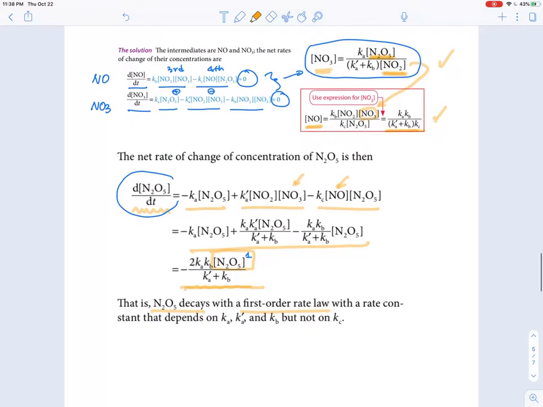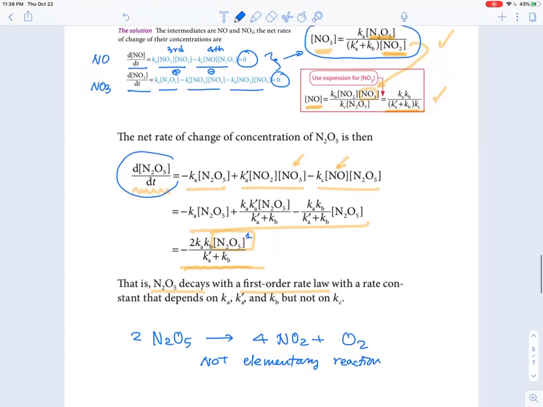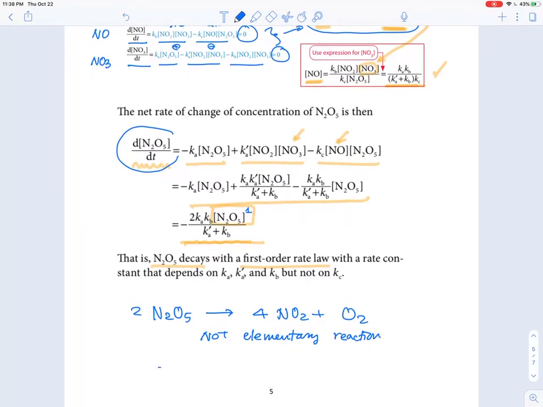So once again, this complex reaction, N2O5 decaying into 4NO2 with oxygen, is not an elementary reaction. It is a complex reaction.